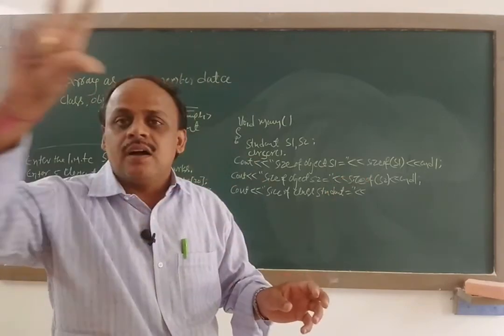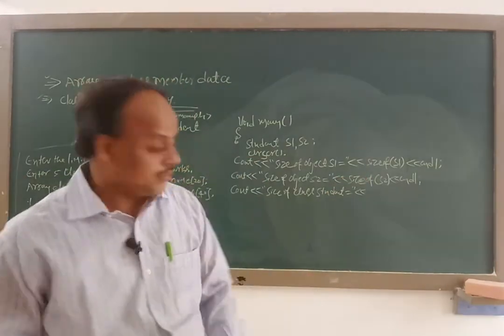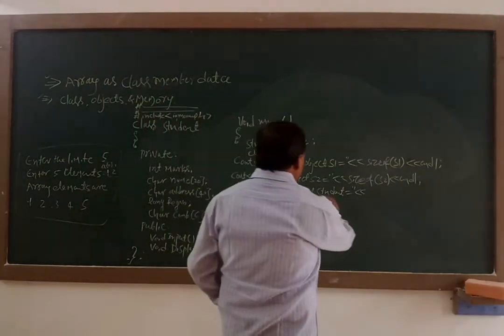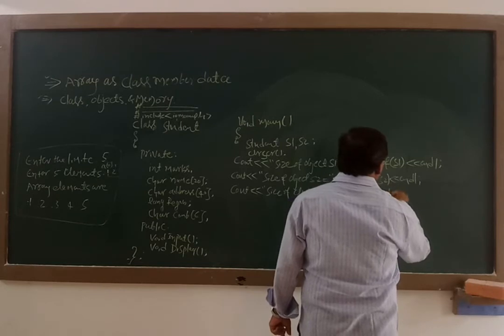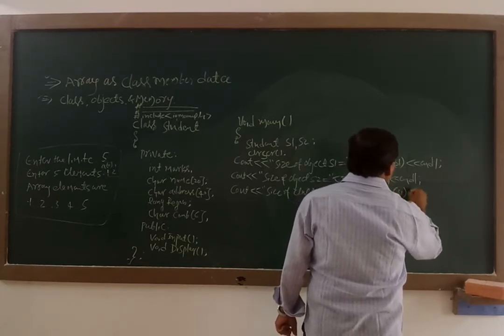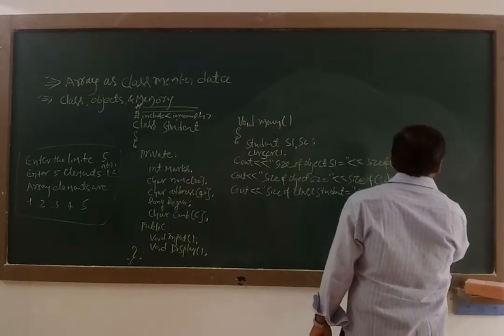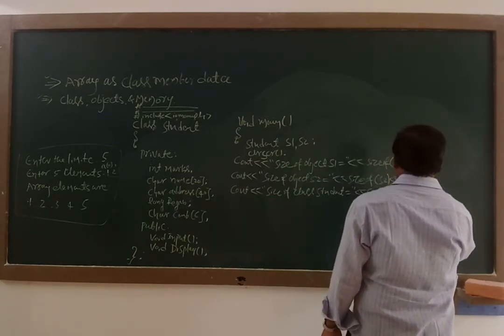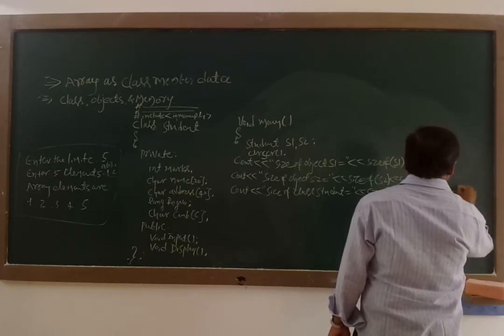If we add the size of all objects, that becomes the size of the class. Therefore we have to write size of class student is equal to size of S1 plus size of S2.